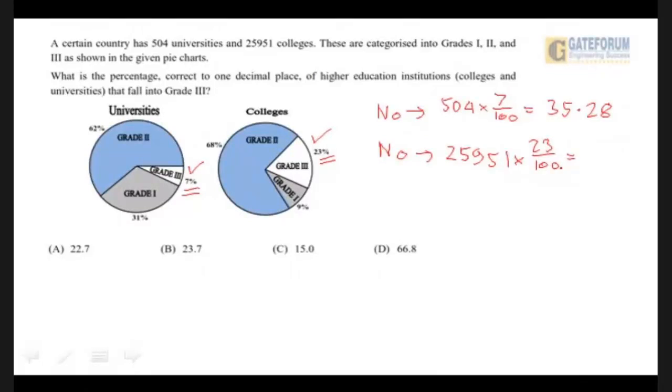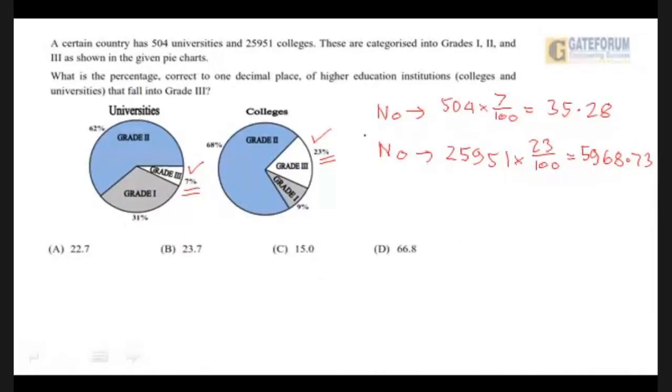Let us see whether it is right. 25951 into 0.23. It is 5968.73. So you see, it doesn't matter much. 5968.73, and I had said 5970, so I was wrong by 1.3. But it would suffice because the options are quite far away.